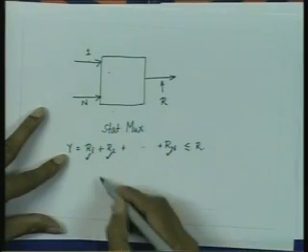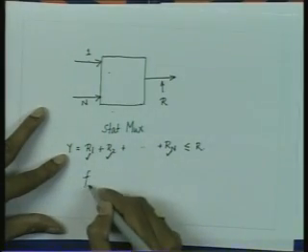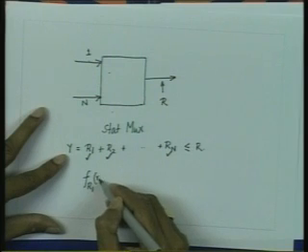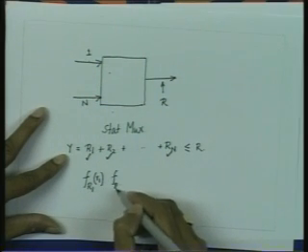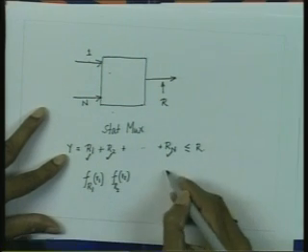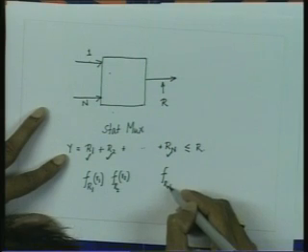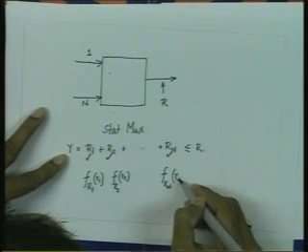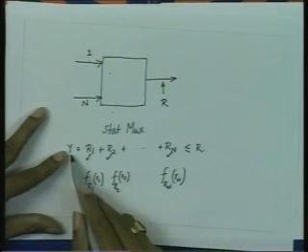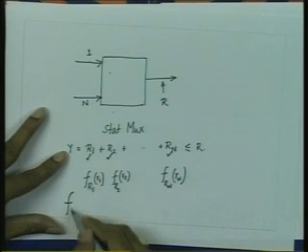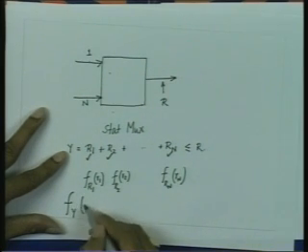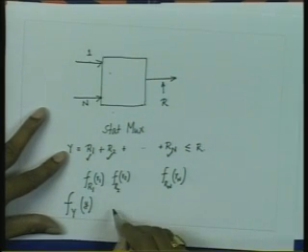If the network knows the probability density functions of each of these Ri's, denoted F_R1(r1), F_R2(r2) and F_Rn(rn), then the network can compute the probability density function of Y, which is F_Y(y).